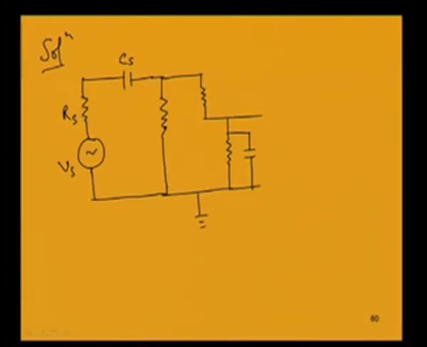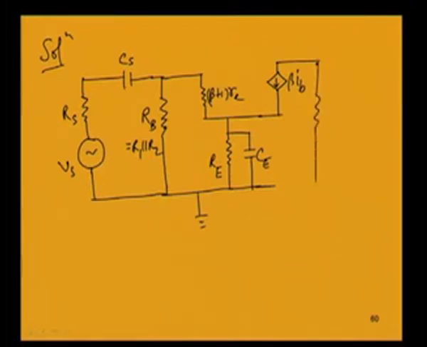So this circuit is having Rs, Vs is the source, Cs is the series capacitor with the source, and in the small signal model we know that the parallel combination of the biasing resistances R1 and R2, let us equivalently express it as Rb, and this is beta plus 1 Re, where Re is the emitter resistance, C is the emitter bypass capacitor, and here the current source beta Ib, and the collector resistance Rc, and the collector capacitance, load resistance, all will be here.